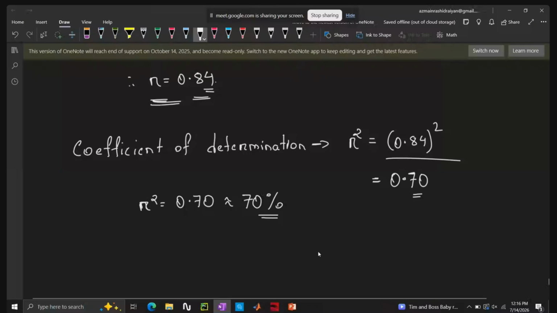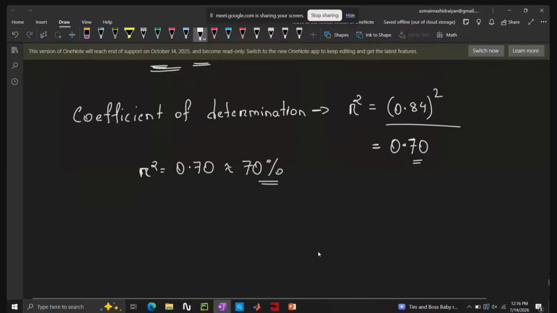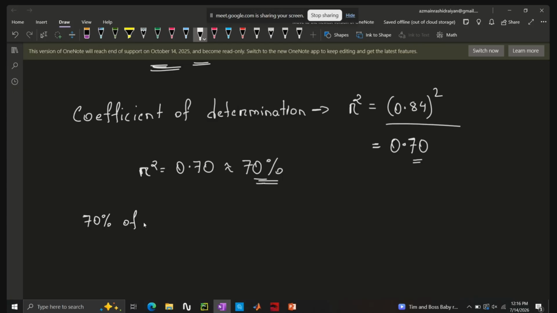The coefficient of determination indicates what portion of the behavior has been captured by the regression model. If our coefficient of determination is 70%, it means that 70% of the behavior has been captured by the linear regression model.